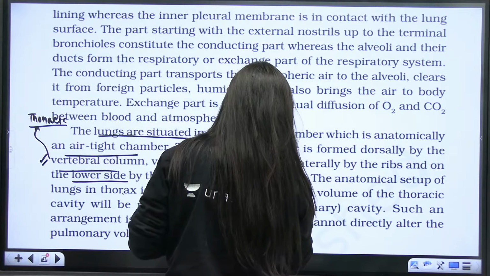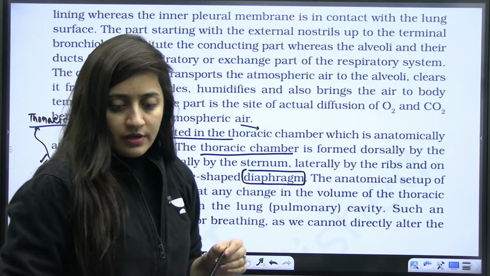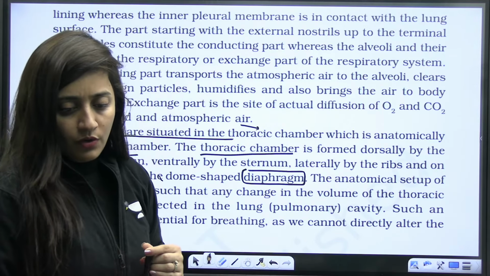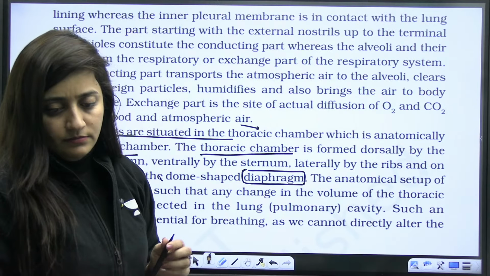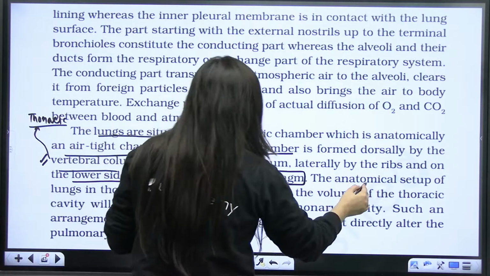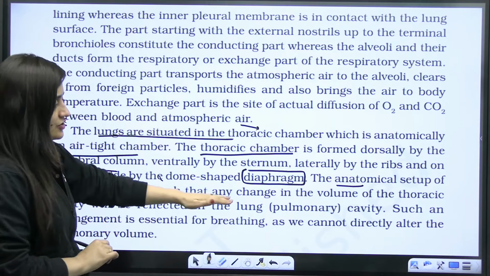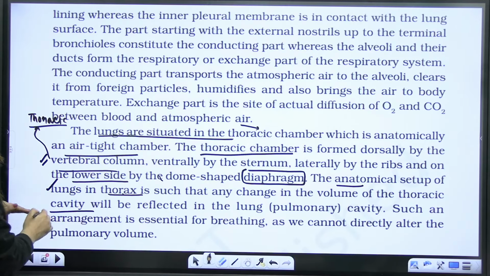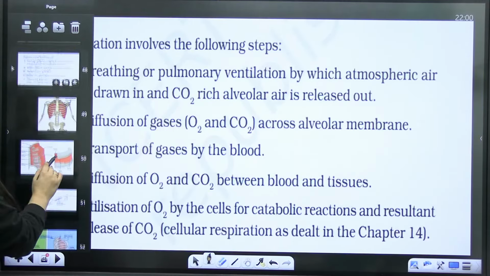I believe we discussed this in the last class. The anatomical setup of lungs in the thorax is such that any change in the volume of the thoracic cavity will be reflected in the pulmonary cavity. This is very important.